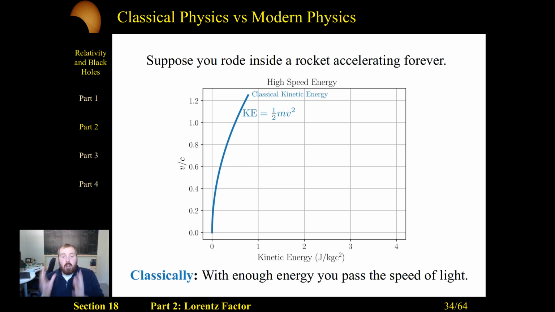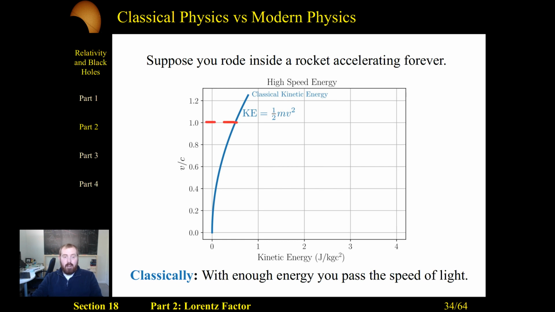And this is classical physics. I have X amount of energy, I'm going to go Y speed. It's that straightforward. But when we start taking into account relativistic effects, there's a problem. Look at this plot here. This is a plot of your speed as a ratio to the speed of light.